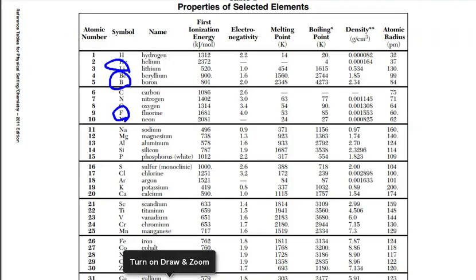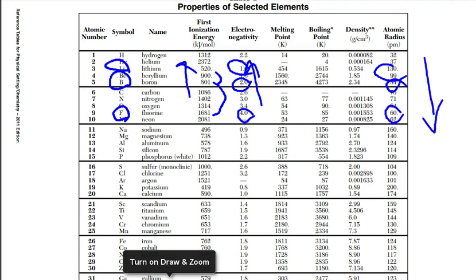All right, let's start with first ionization energy. We're going from 520 to 800 to 1681, so that's increasing. We go to electronegativity. We're going from 1 to 2 to 4. That's increasing. For atomic radius, we're going from 130 to 84 to 60.